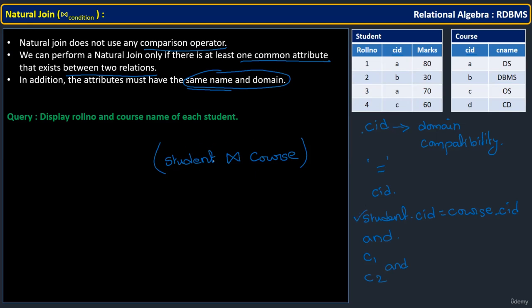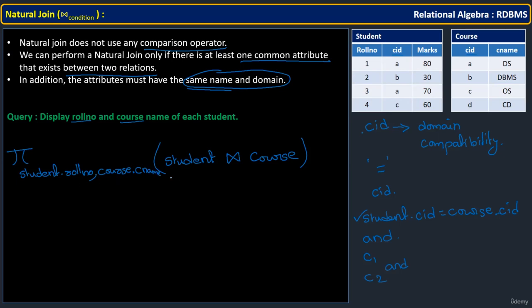That is one relation. On this relation, we need only roll number and course name. So again, student.roll number and course.cname. Only these two attributes are written.